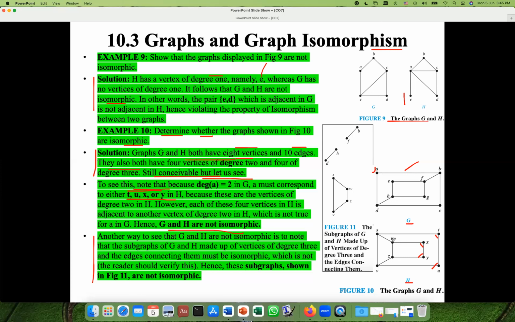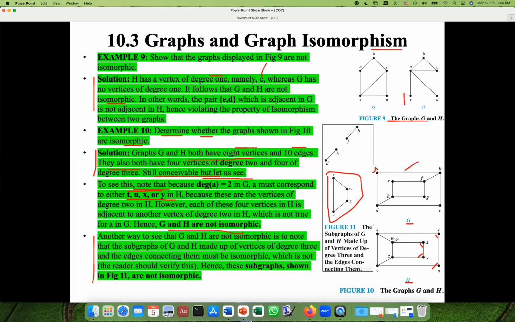These are the vertices which have the degree 3. This one, and that one. And they are forming this shape here.